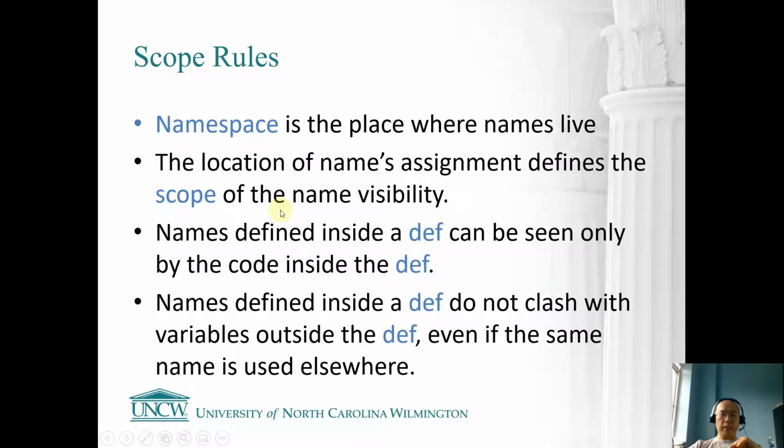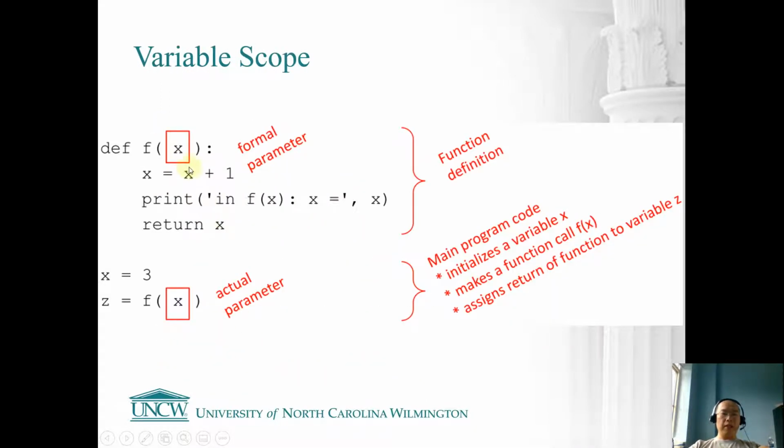So let's come back to this part. Names defined inside the definition do not clash with a variable outside the definition, even if the same name is used elsewhere. Okay, so in this case, I have a local variable name x and I also have a global variable name x. Is that okay in Python? The answer is okay. They do not clash.